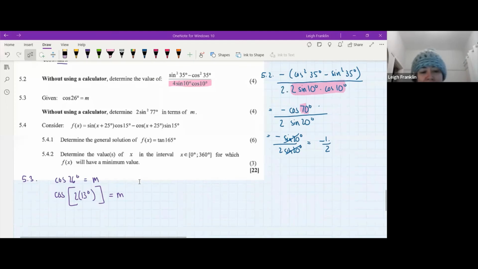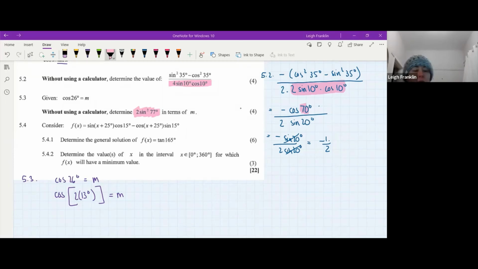Now we've got a choice. We've got 3 different ways that we could write the cos of 2 times 13: in terms of sine and cos, in terms of cos only, and in terms of sine only. Here in our question, we have this only in terms of sine. So let's write cos 2 times 13 in terms of only sine in this particular case.